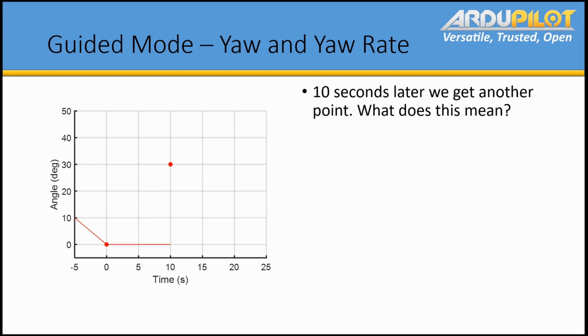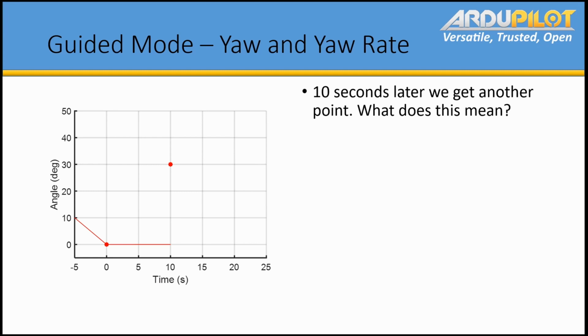But then 10 seconds later, we get another angle. Now, what does that mean? Tell me what the user wants at this point. It's hard to say. For the last 10 seconds, we've assumed we're holding that angle, but were we right in that assumption?